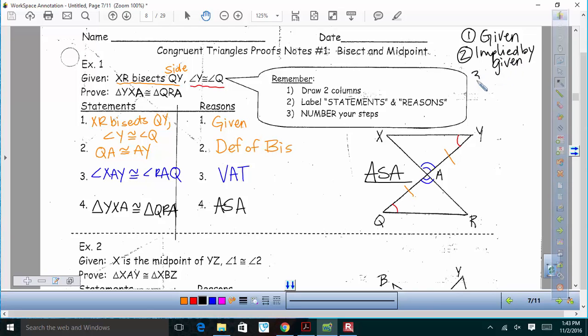Your third step is going to be implied by the picture. And your fourth step is going to be your proof. It's always going to go in that order.